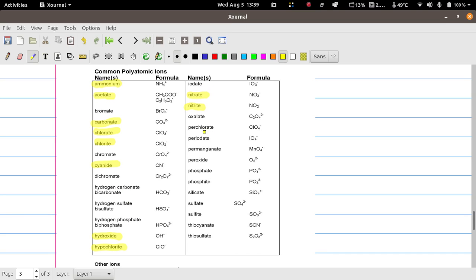Nitrate, nitrite, perchlorate, peroxide, phosphate, sulfate, and sulfite. So if you remember those, you'll be good. I'm not going to expect you to memorize the whole list, but if you know those, you'll be all right. I would highlight all those, so just pause, make some flashcards, do something.